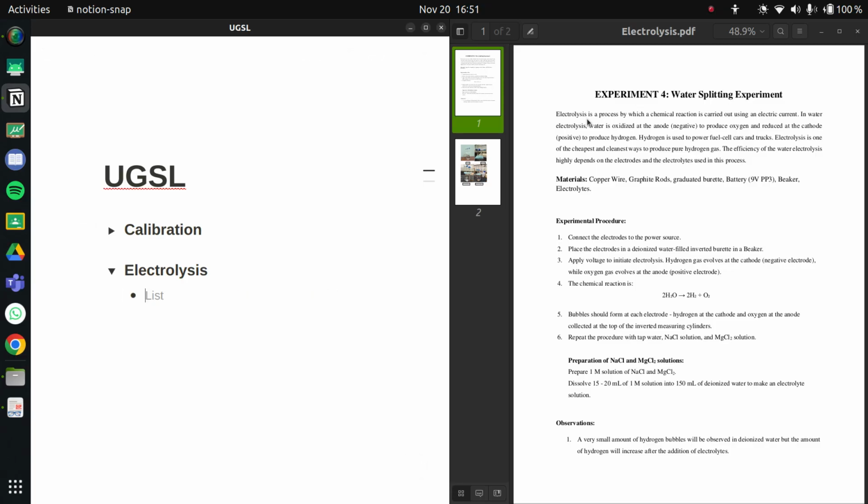H2 is used to power fuel cell cars and trucks.